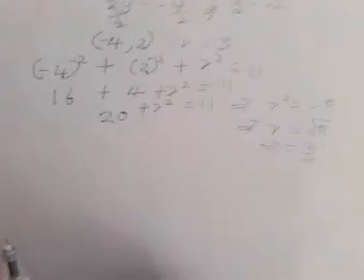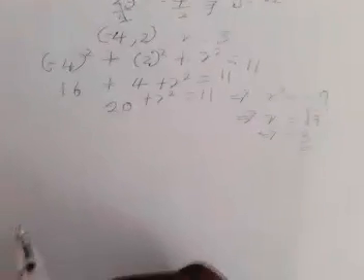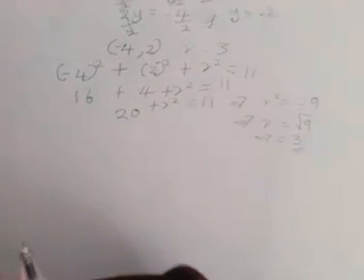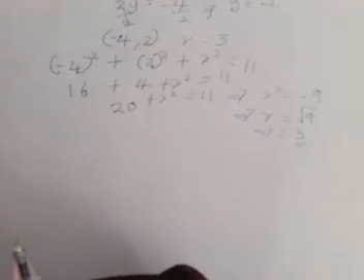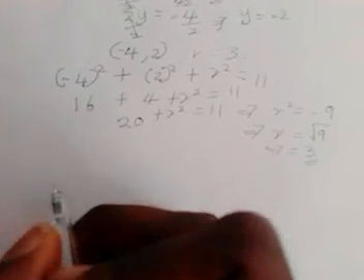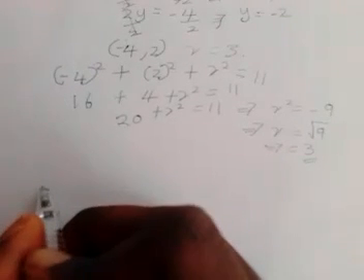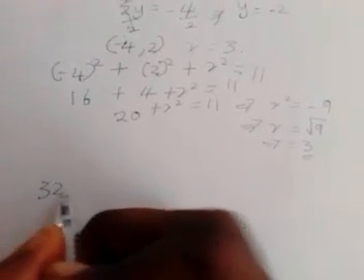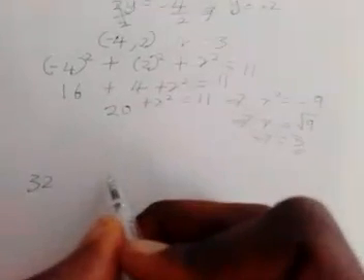Now for mathematicians who would want to prove the validity of my method, I want to do page 32 of your textbook, University Coordinate Geometry, especially for those in Uniports. So I'm going to do this example in your textbook.